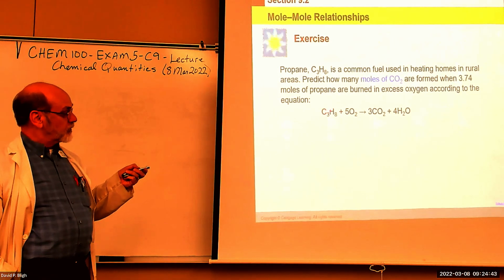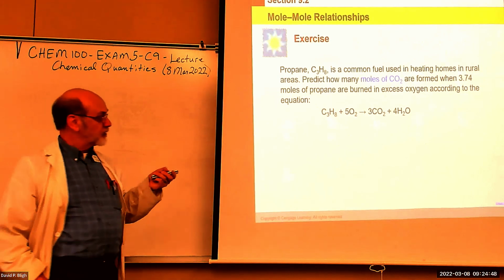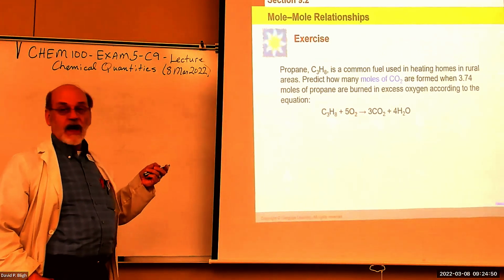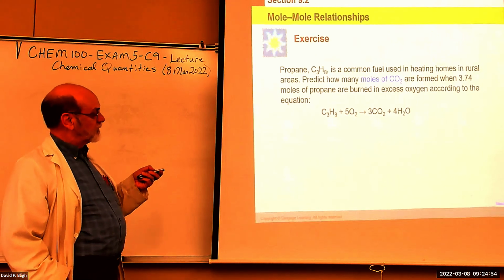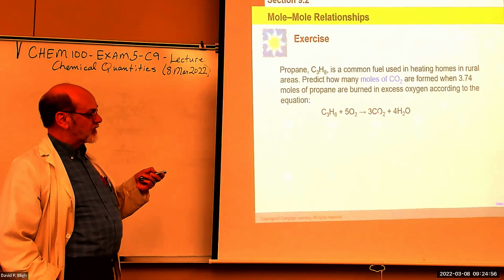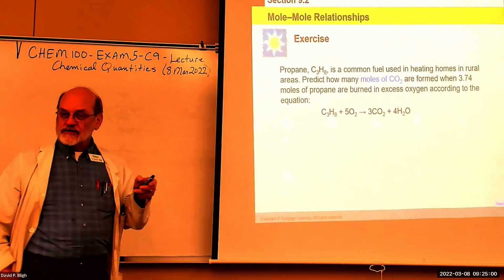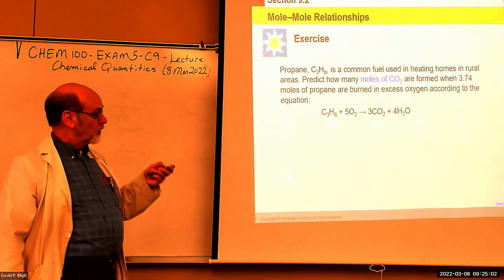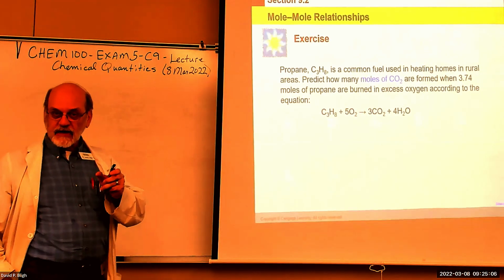The balanced equation for the combustion of propane gas in the presence of air, which is basically the oxygen is the active reactant in that mixture, produces carbon dioxide and water in these ratios. Now, if they're balanced, these ratios are fixed. 1 mole of propane needs 5 moles of oxygen.